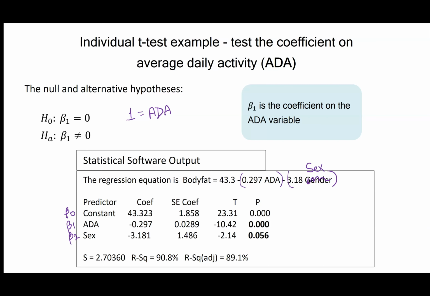Now we're going to say, okay, we want to look at ADA. We're pretty much going to look just at this row. You can see there's the t-statistic and the p-value. If you get p and it says 0.000, that means your p-value is less than 0.001.